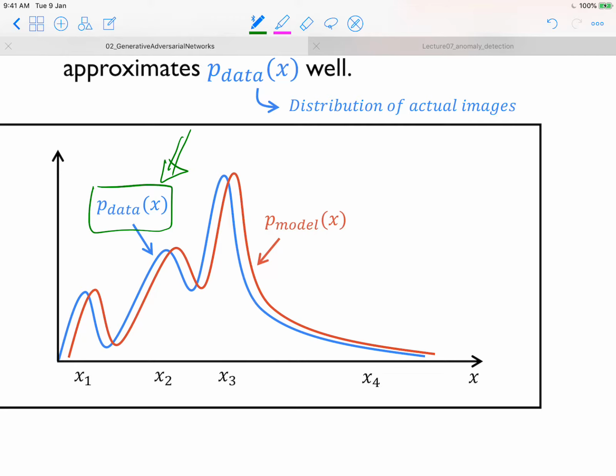And so suppose given maybe 100 facial images, our particular density estimation model gave us this particular density. So in this case, the red one is the estimated density model based on our model and also our data. Okay, so if they are close enough, then we did a good job of estimating the true density by using this approximate one, right?